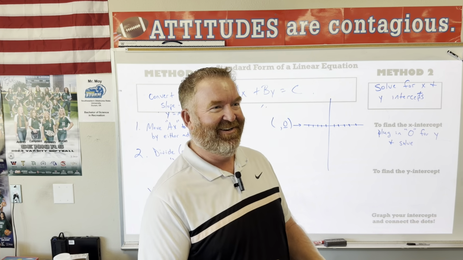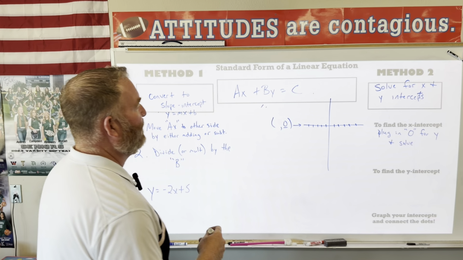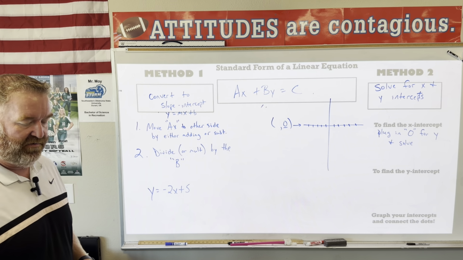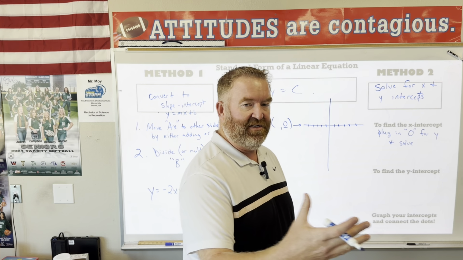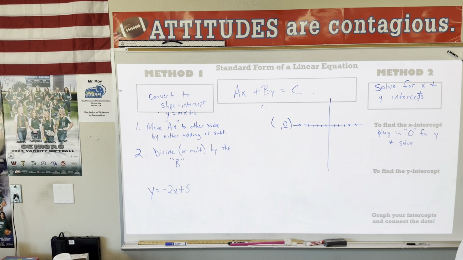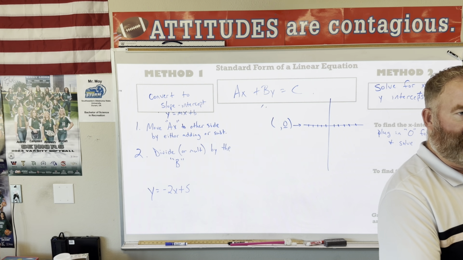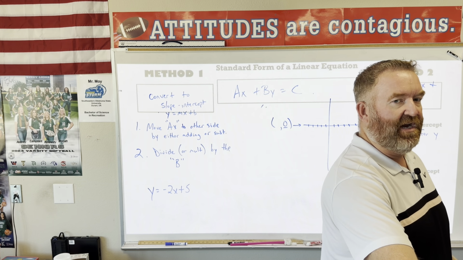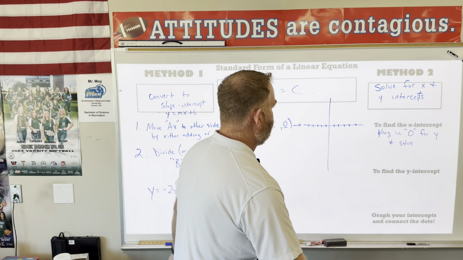So we're doing the x-intercept. We're plugging in 0 for the opposite letter. So what if I'm solving for the y? If we're solving for x, the y is 0. So if we're solving for y, the x is going to be 0.